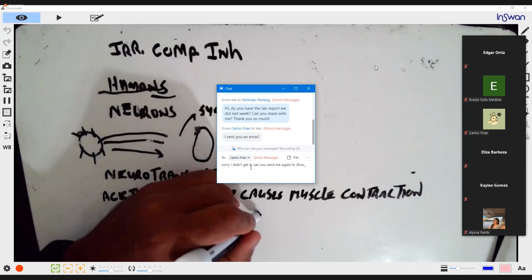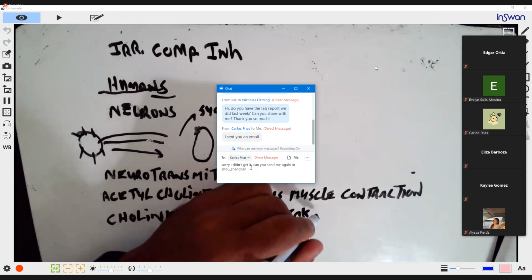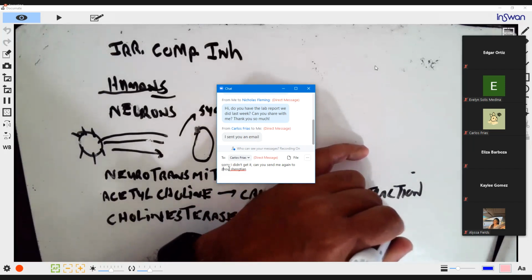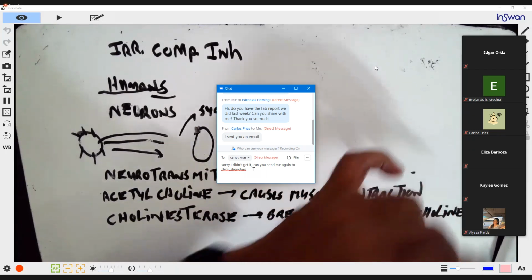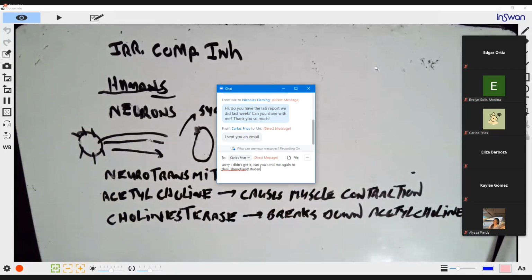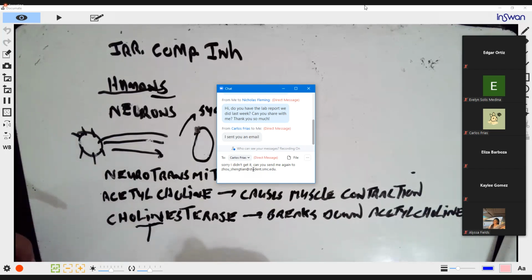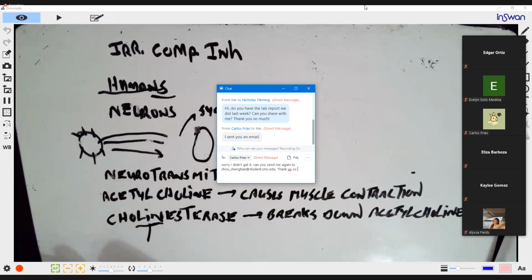Clear? So that's how we get rid of it. Now, if I block this enzyme competitively, you're going to have acetylcholine build up and you're going to die of spasms. The muscle's going to go into overuse.